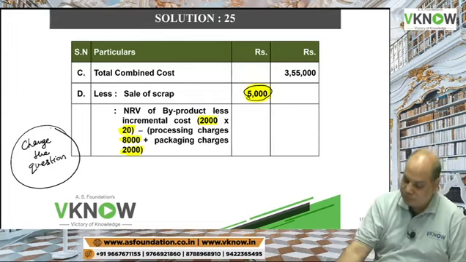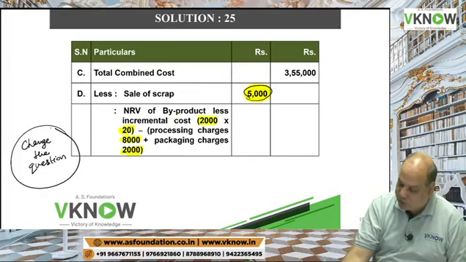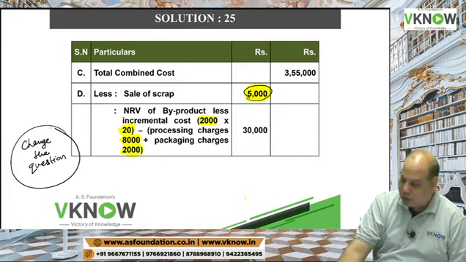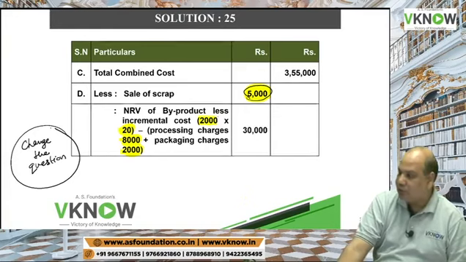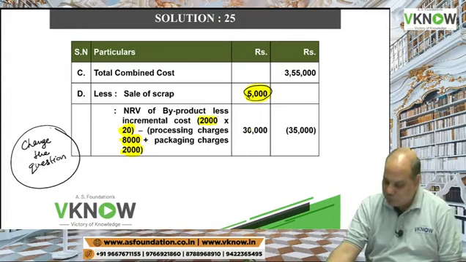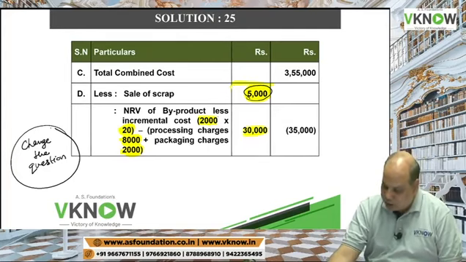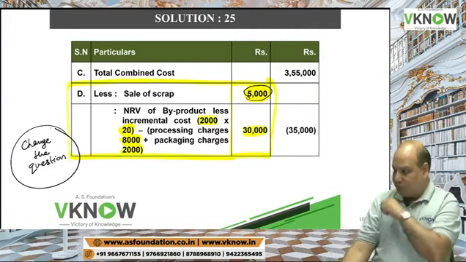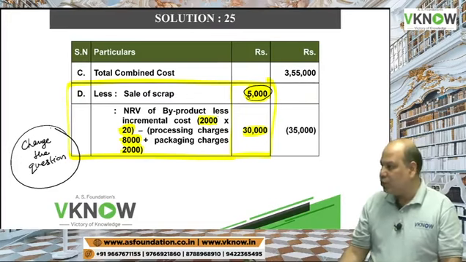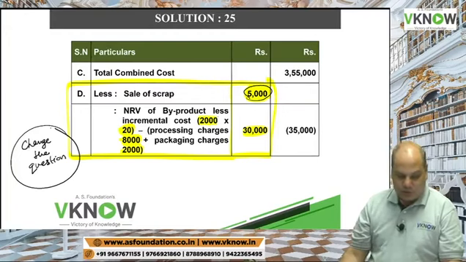Done? So NRV of the byproduct will be 2000 into 20, minus cost incurred 8000 and 2000. That will give you 30,000. So total NRV of scrap and byproduct is 35,000.